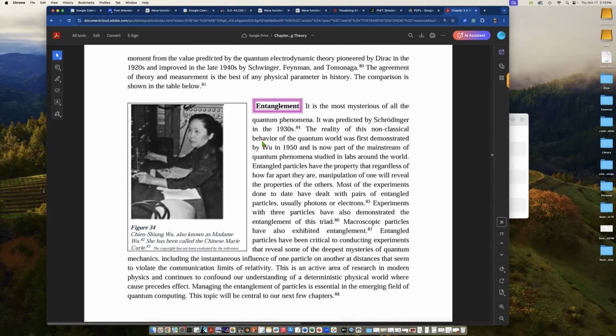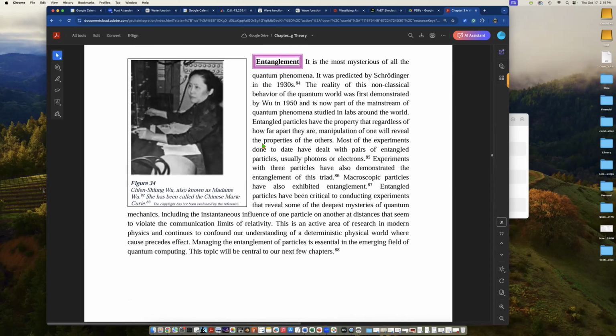Now, I mentioned probably in the first hour we were together that there's a quantum property of entanglement. And for me, it's the most mysterious of all the quantum phenomena. It says that quantum particles created together under the right circumstances are bound together in a mysterious way.